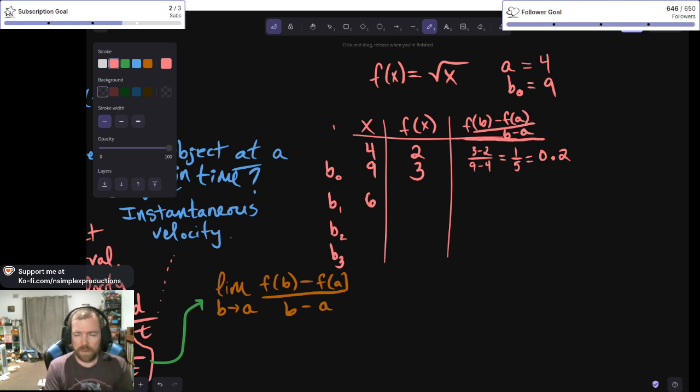Right there. Alright, so the square root of 6 is 2.44948 and a bunch of other stuff.